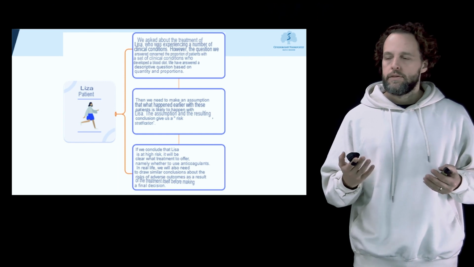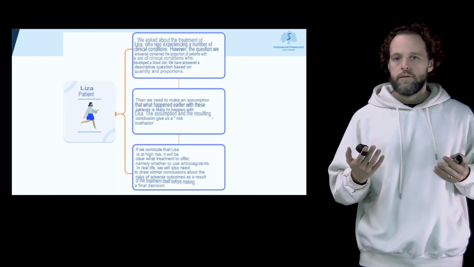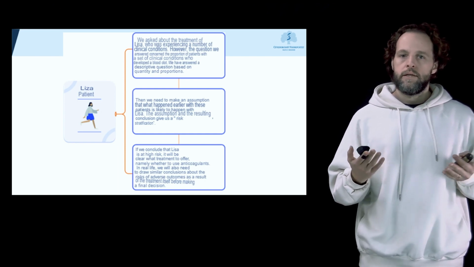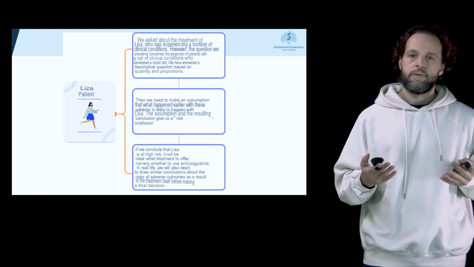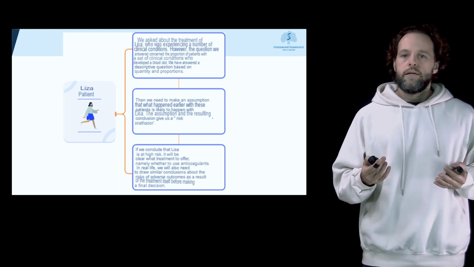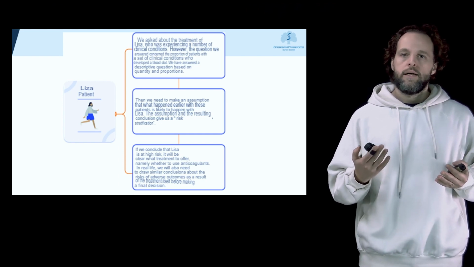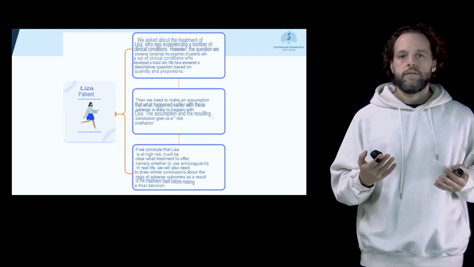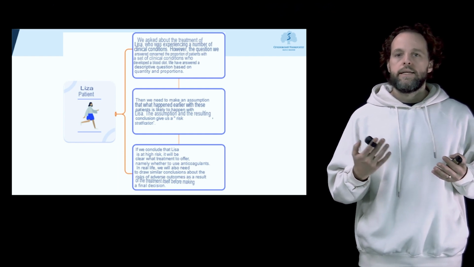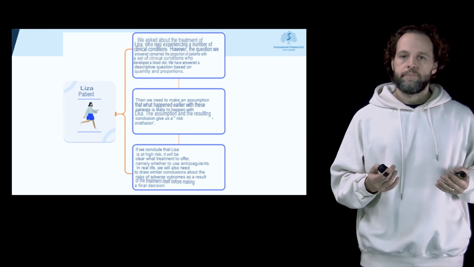We have answered a question about baseline and quantity of the proportions of these patients. So we need to make an assumption about what happened earlier with these patients, and whether it is likely to happen to Lisa and other patients in this condition.